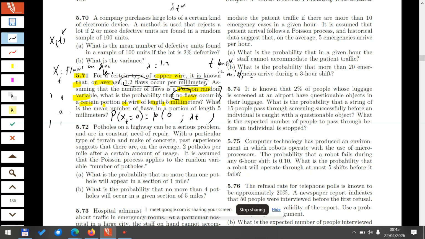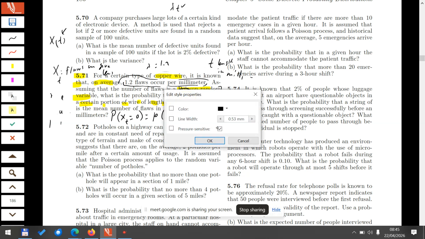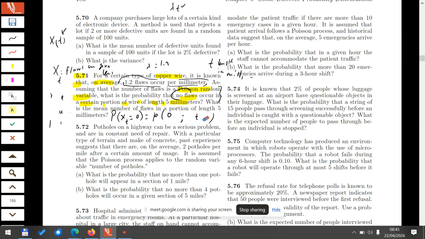That's the main thing. So lambda is 1.2 and t is 5, and I'm done. The rest doesn't matter whether I use the formula or the table. That was the main thing. Okay, what is the next part?